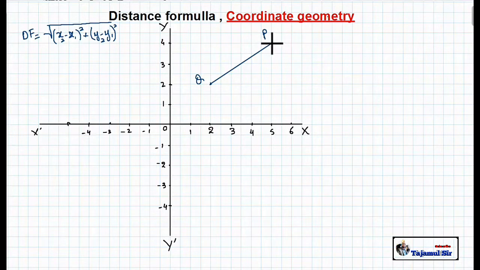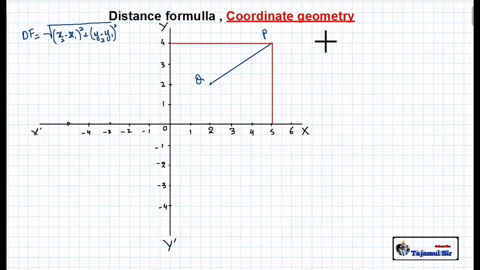Here, if I draw another line from P to this axis, it means this P has x-axis coordinate 5, and from this P I will draw a straight line to the y-axis, it means that this P has y-axis coordinate 4.